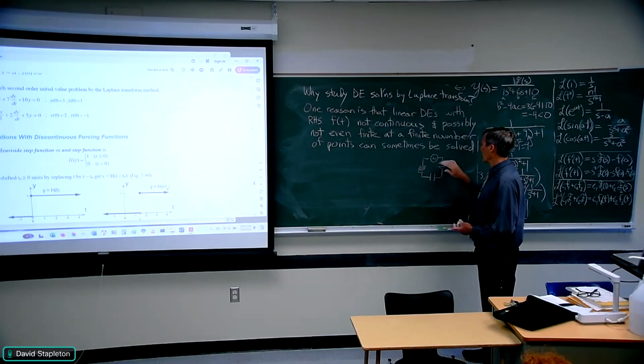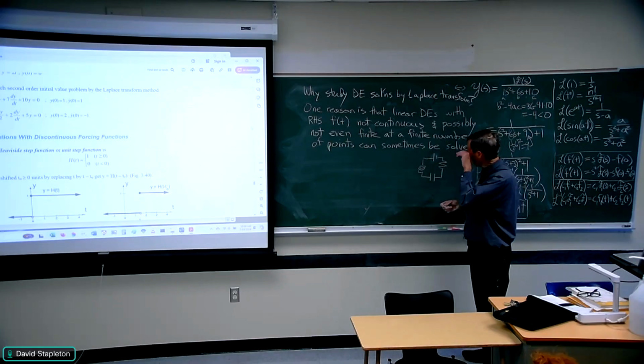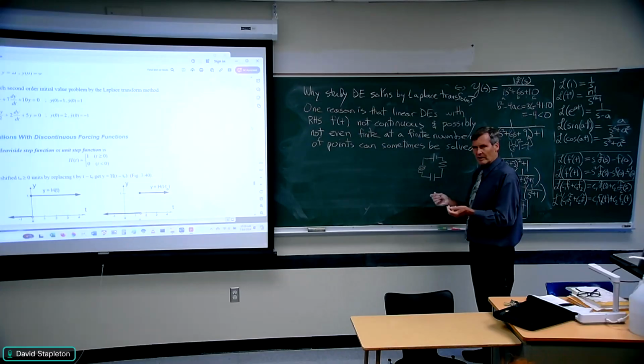What happens, however, if I maybe have nothing here, and all of a sudden I just instantly attach a battery? How do we model that? We could model that as an instantaneous change in the voltage. So on the right-hand side, we have a function that jumps from 0 voltage to a positive voltage. It's not true that it jumps instantaneously, but for all modeling purposes, it's so quick, we'll just have to model that way.